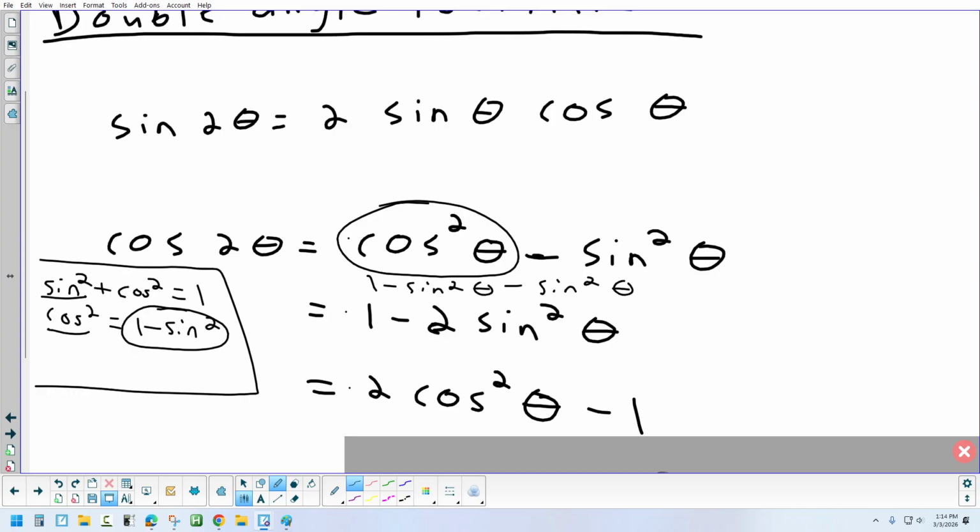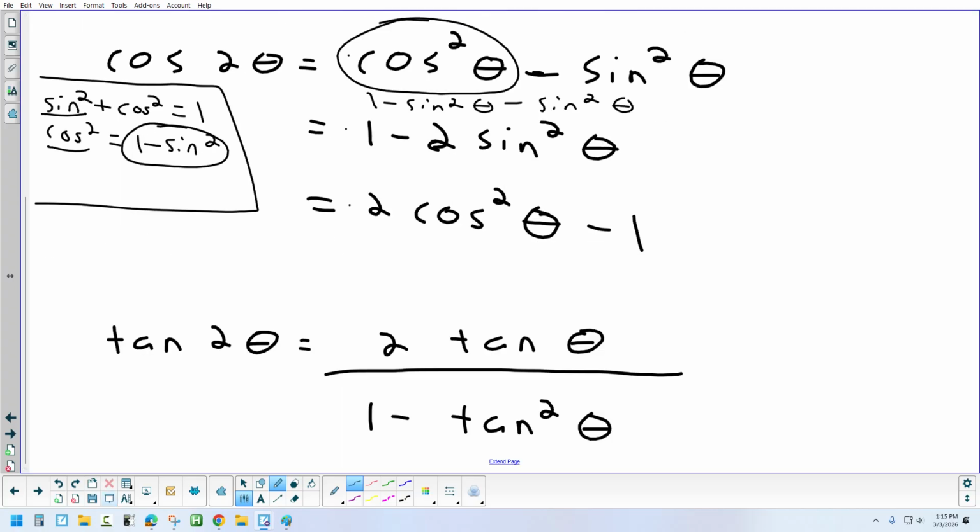And if we could do sine and cosine, what other one could we technically do automatically? Yeah, tan. Yeah, we could do tan. If you ever had to do tan 2 theta, how do you change tangent into sine and cosine? Tangent is equivalent to sine over cosine. Yep. So if we had to, we could do sine 2 theta over cosine 2 theta, but I'm just going to give you the formula.